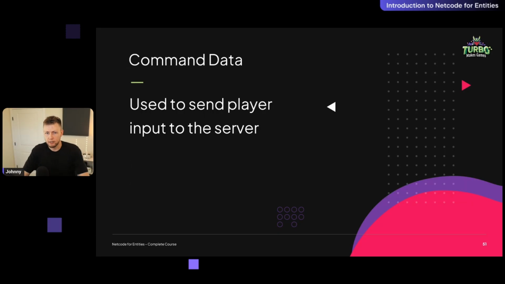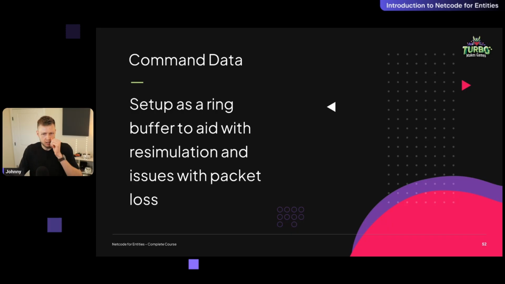Another interesting thing available to us is command data. This is most often used to send player input up to the server, but it can be used for other things. It's set up as a ring buffer to aid with resimulation and some packet loss issues, so you can actually go back in time.